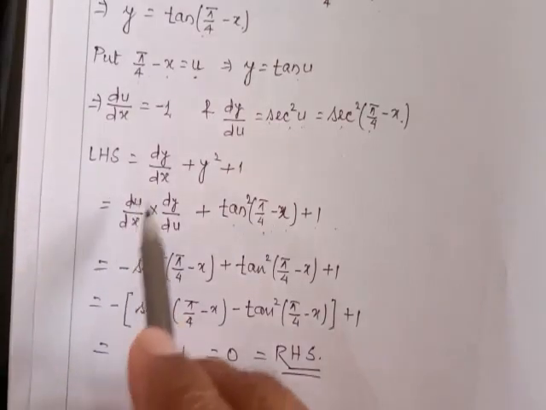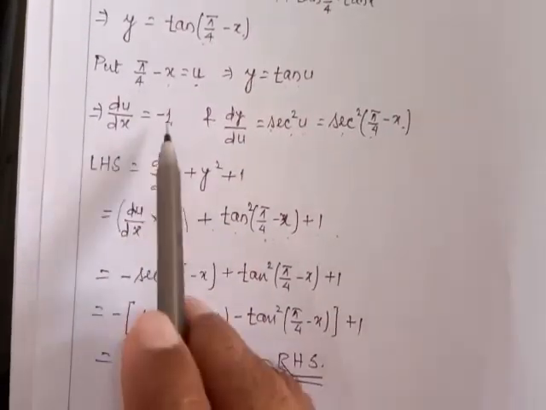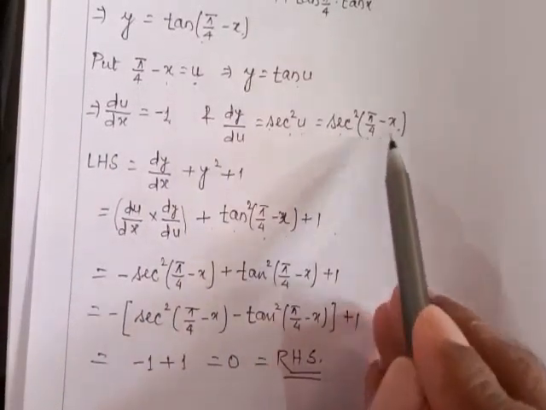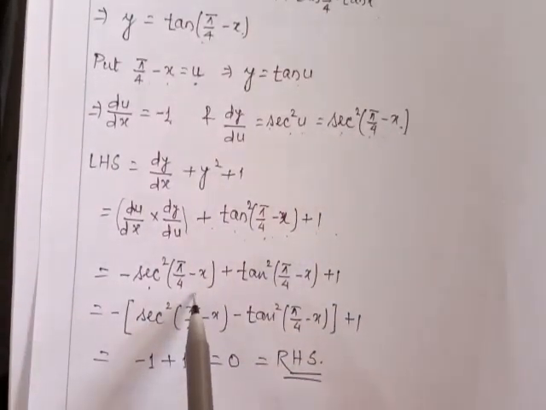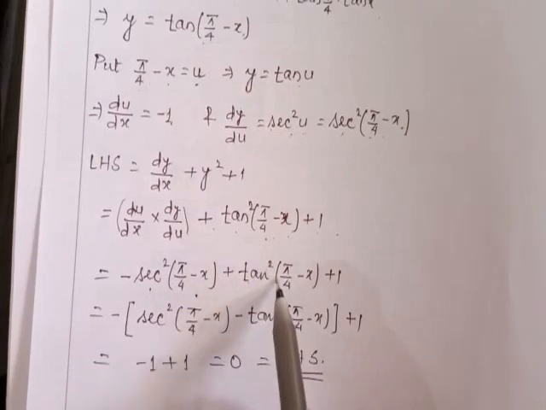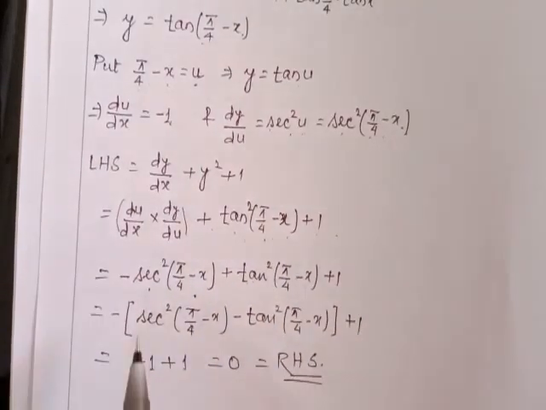After putting these values, we will get minus sec square of pi by 4 minus x plus tan square of pi by 4 minus x plus 1.